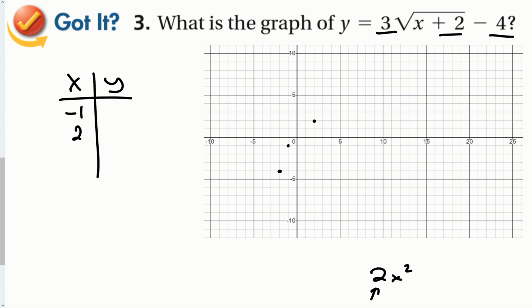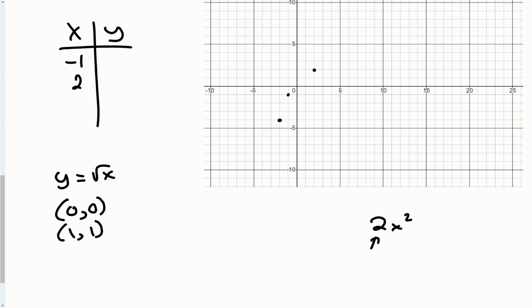So again, let's just look at the parent function, right? So we'd go 0, 0, 1, 1, 4, 2, 9, 3. Okay, so these points to the right of the starting point still hold.